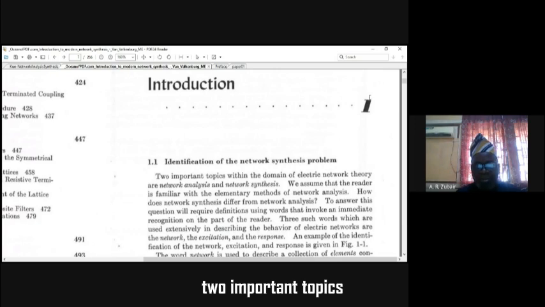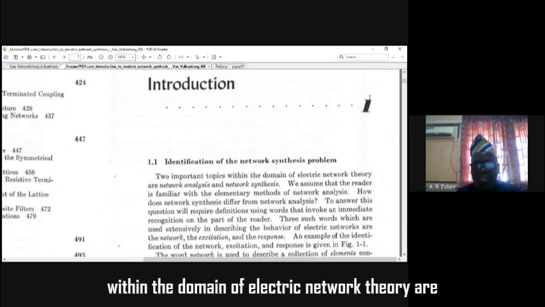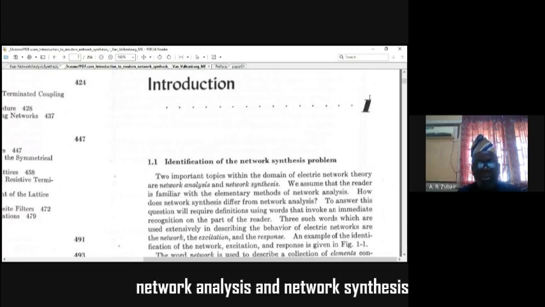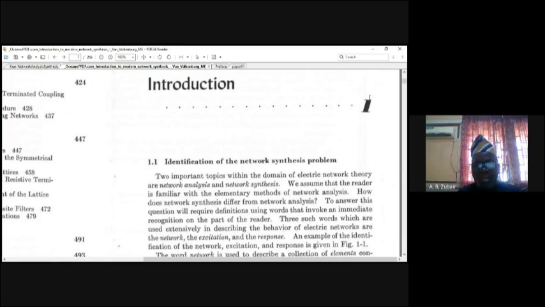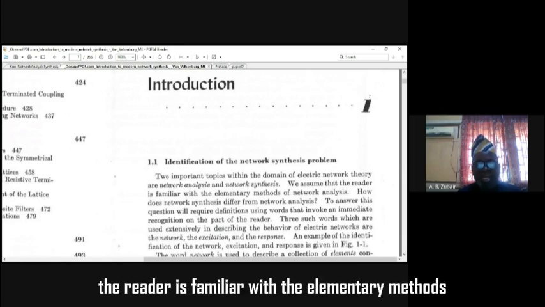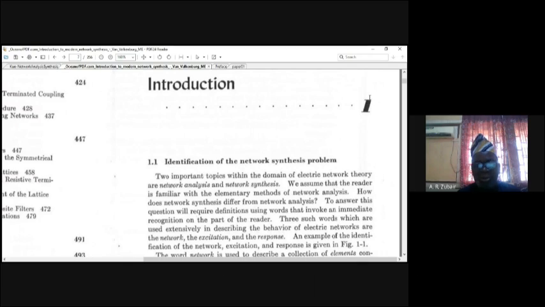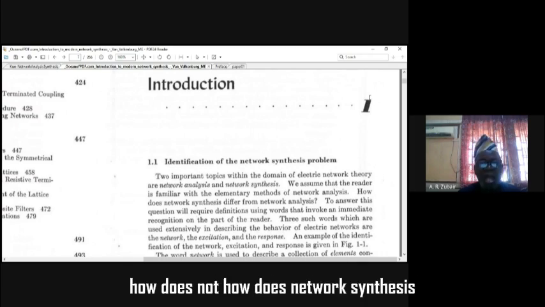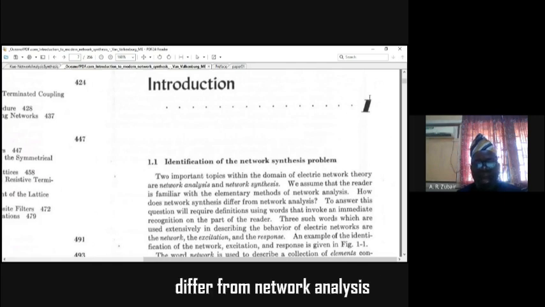Two important topics within the domain of electric network theory are network analysis and network synthesis. We assume that the reader is familiar with the elementary methods of network analysis. How does network synthesis differ from network analysis?